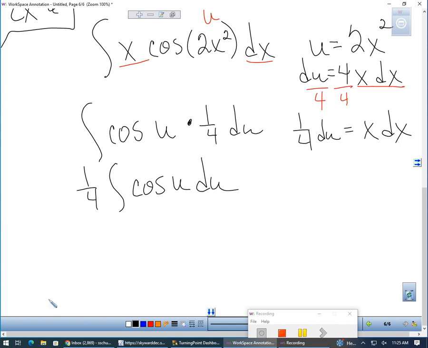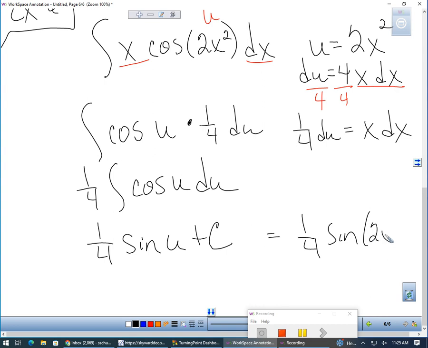Nope, good try. Sine. So it's 1/4 sine u plus c. So what's the last thing you have left to do? Plug your u back in. So we have 1/4 sine of 2x squared plus c. So in this section, they're giving you your u's. All right, it's more getting used to how you're going to put your du in for what they have in there. All right, any questions?